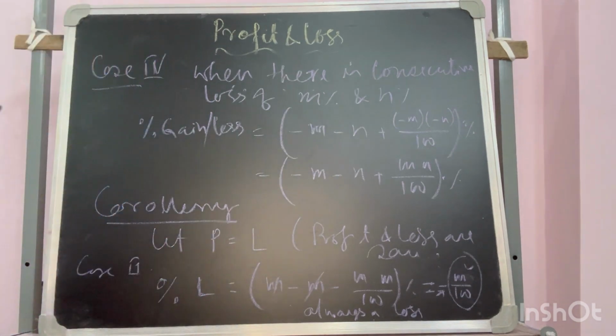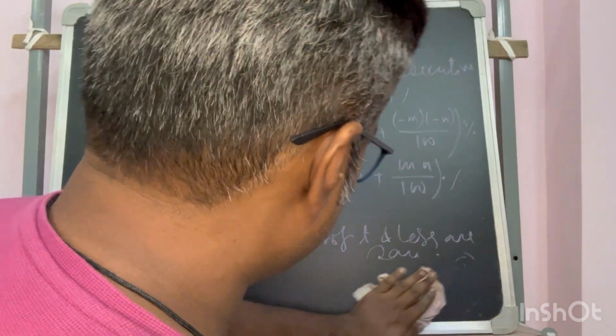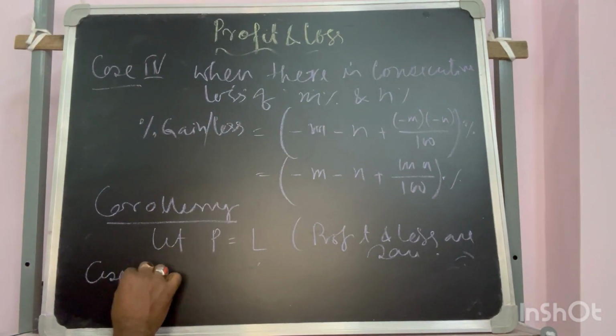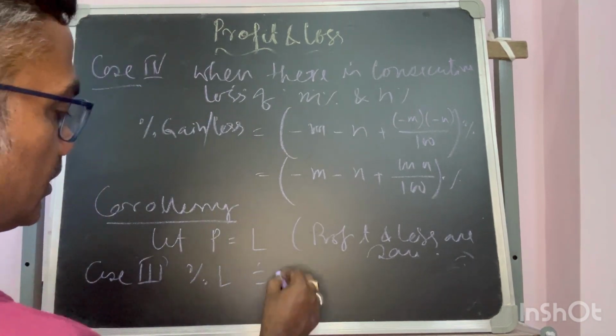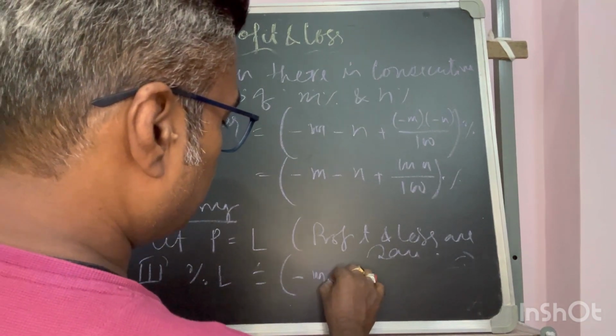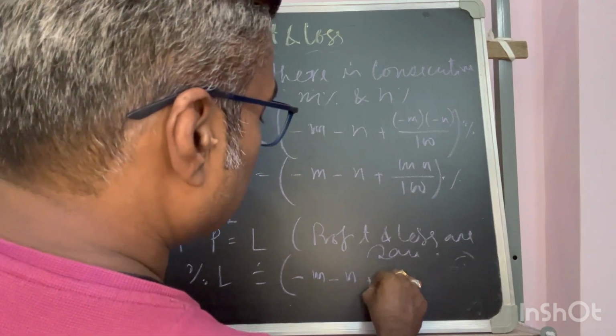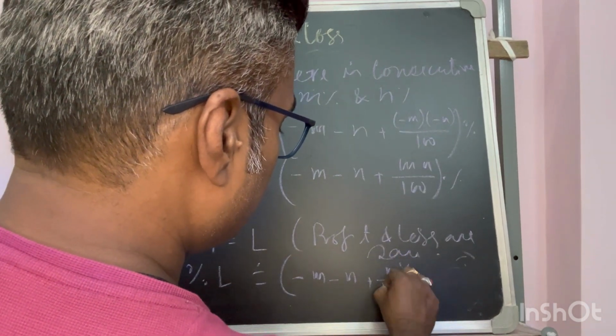Understood? Case 3, if I consider, where we said there is a loss, so definitely it will be a loss because we are losing. The percentage loss will always come and the thing will turn into m square by 100.